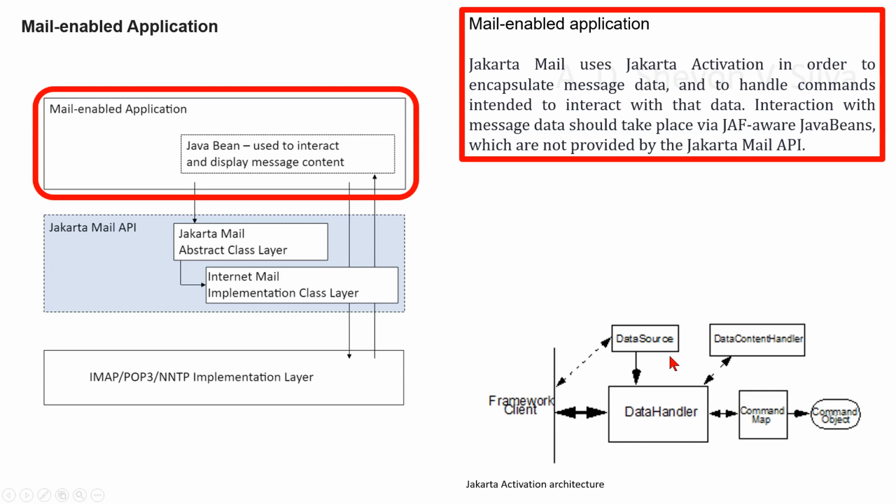Jakarta Activation includes two data source class implementations for convenience. File data source accesses data held in a file. URL data source accesses data held at a URL. Command map interface.